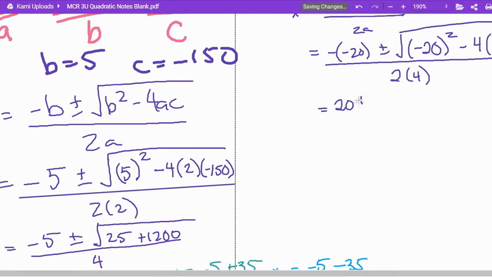I think it's going to be zero. Okay, so negative 20 squared, 400. Okay, so 4 times 25 is 100, times 4. Aha. Interesting.